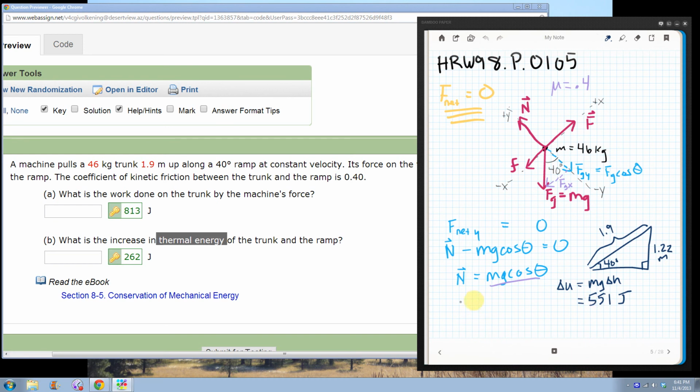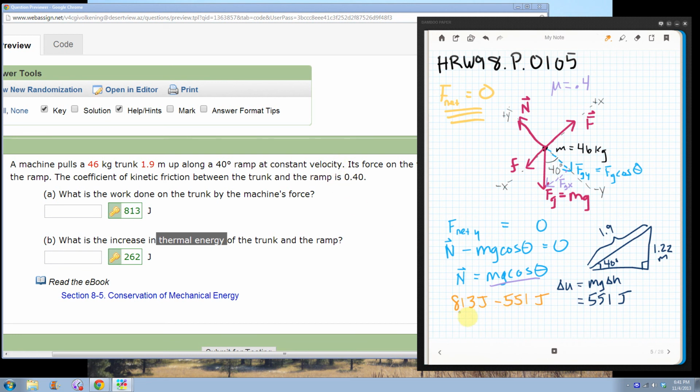Where did the, let's see, it put in 813 joules, but I can only account for 551 of them. I mean, the rest of it, it's not a change in kinetic energy because it was dragged at a constant velocity.